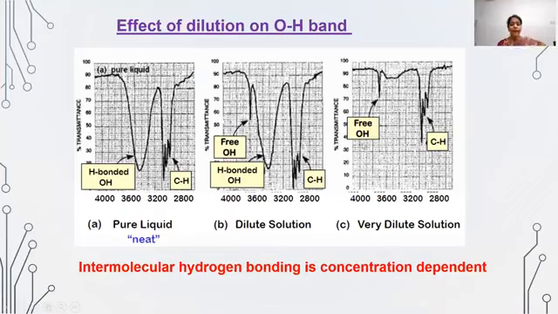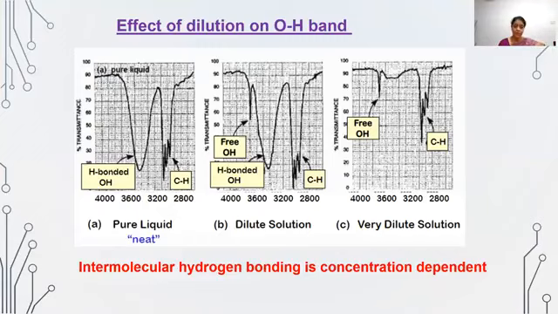And in case of a very dilute solution, or when the sample is scanned in the vapor phase, all the molecules become free. There are no intermolecular attractions between the molecules. So in this case, only OH stretching is observed because of the free OH bond.